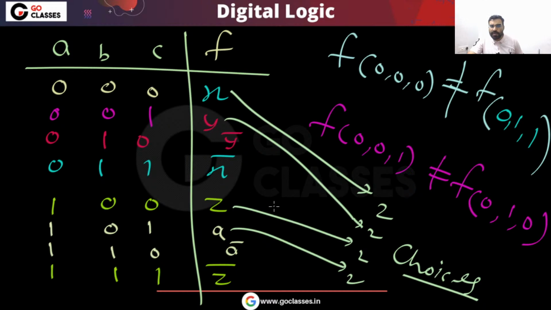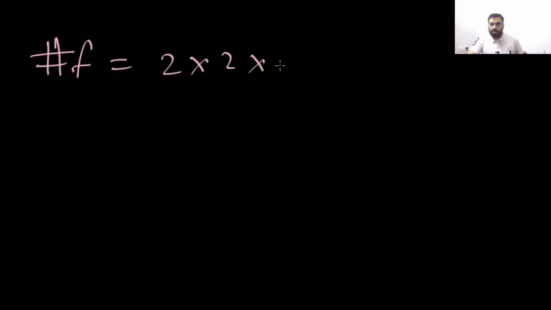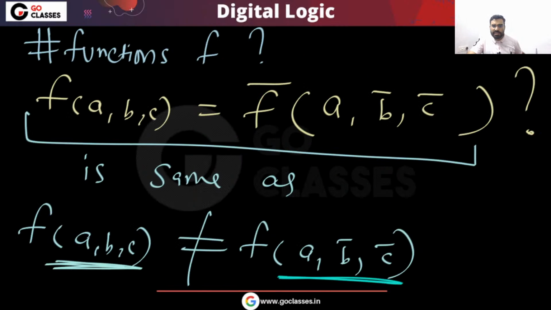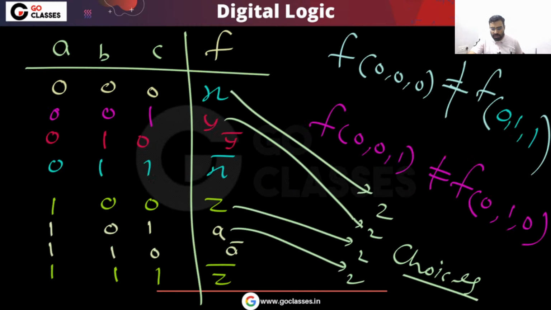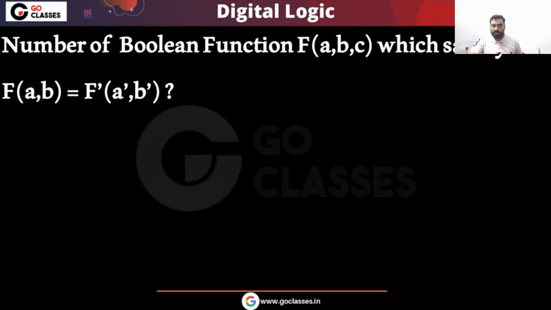So the final answer: the number of functions will be 2 into 2 into 2 into 2, which is 2 power 4. Total 16 functions will satisfy this property, f(abc) equal to f complement (a bar, b bar, c bar).